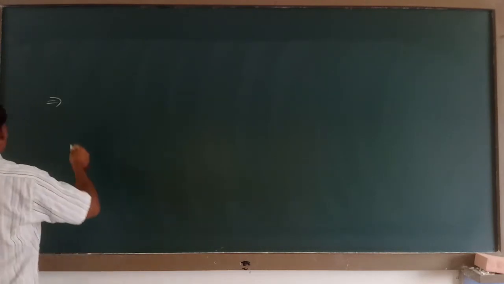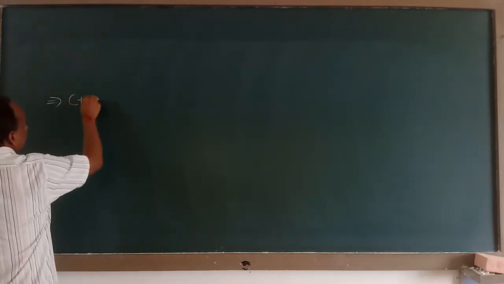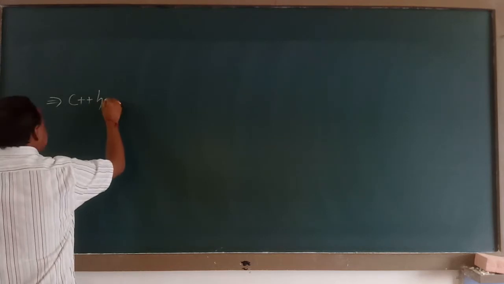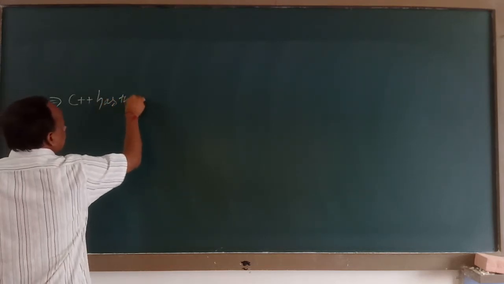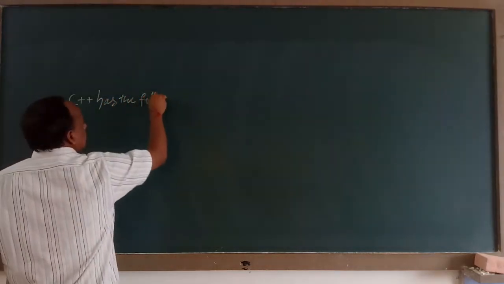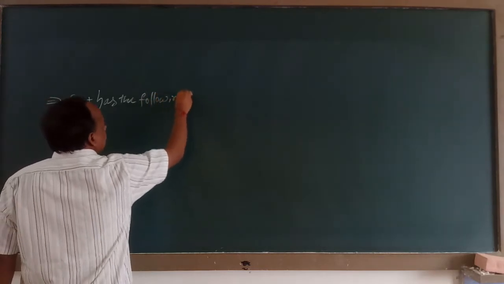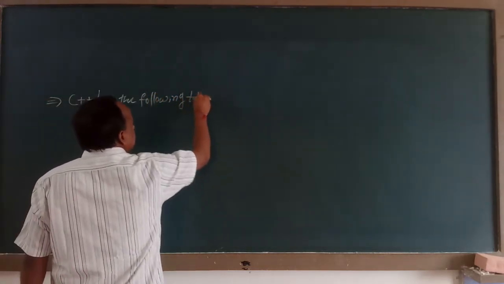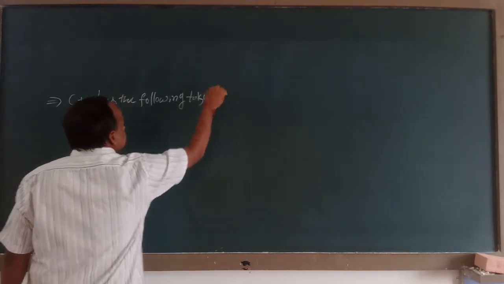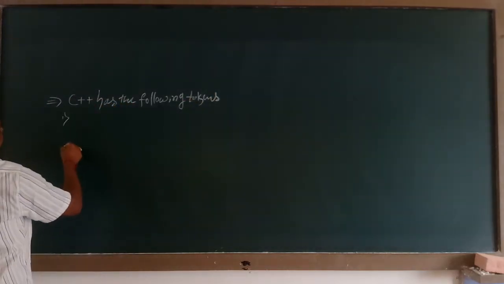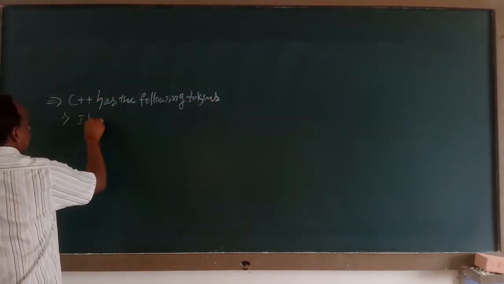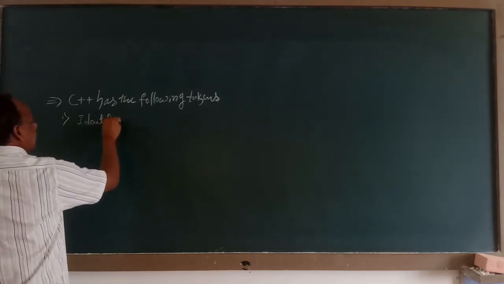C++ has the following tokens. First one, identifier.